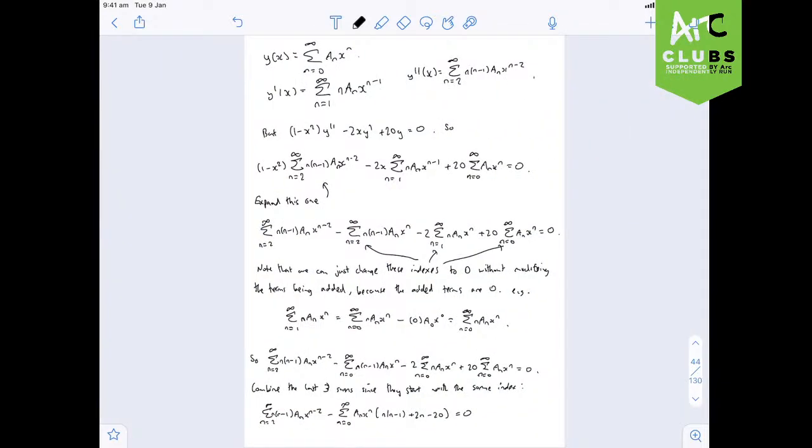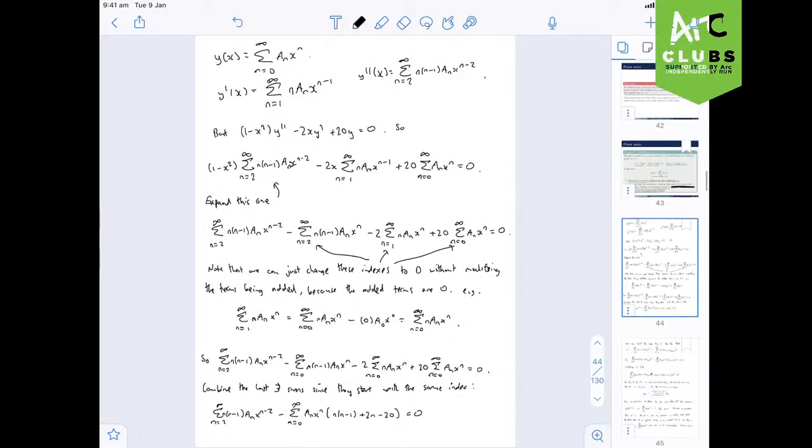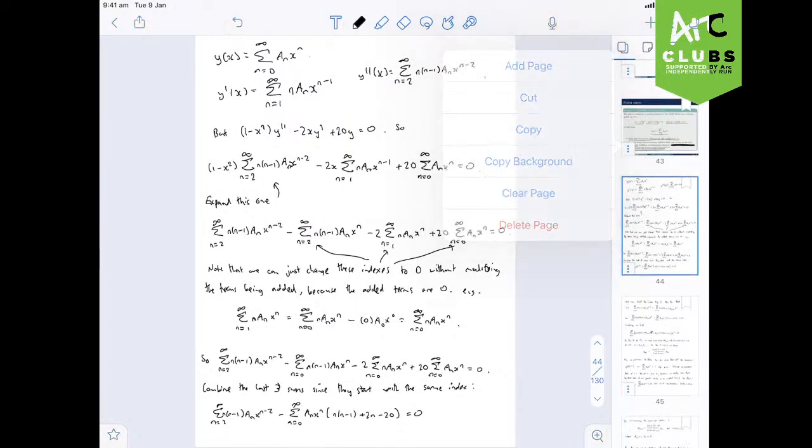Okay, let's do it separately. We want our solution to be in this form: the sum from k equals 0 to infinity of a_k z^k.